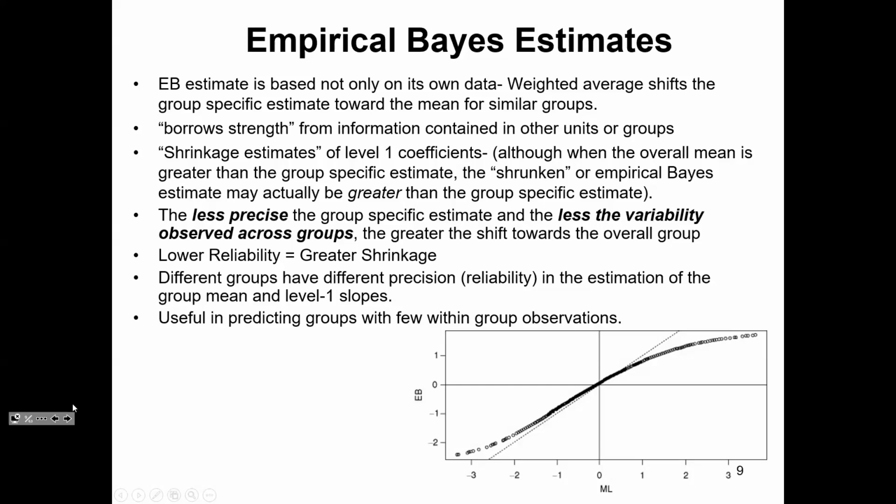That's really what it means. It's sort of built-in regression to the mean. You've probably all learned about regression to the mean in research design. In some sense, this is regression to the model-based means.